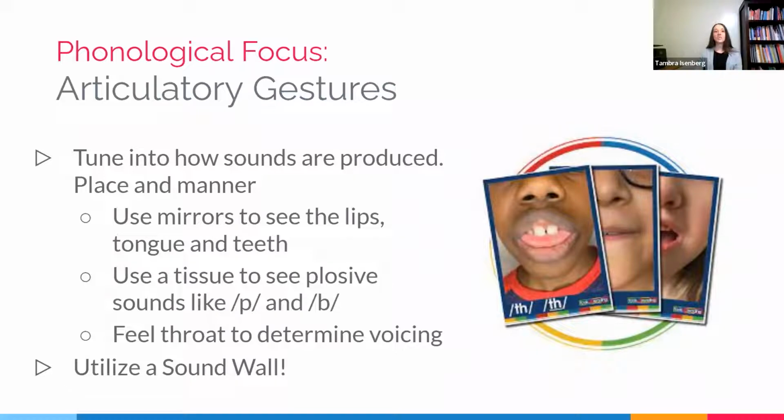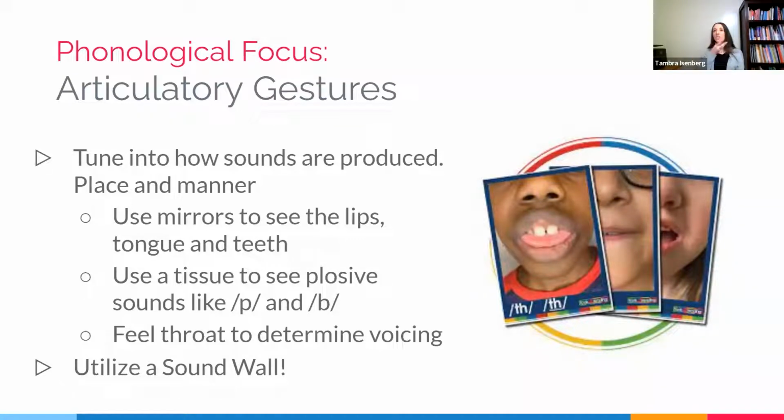So what we want to do when our students are making these errors is draw our students' attention to how those sounds are articulated using the place and manner of articulation. We can use mirrors if students have a positional error, if, for example, two sounds are very closely formed in the mouth.